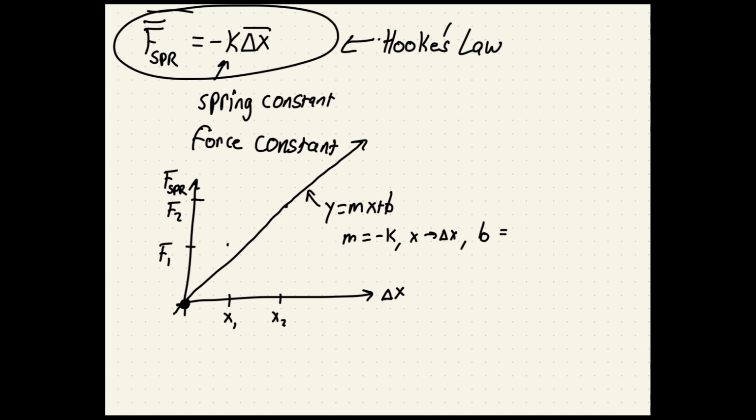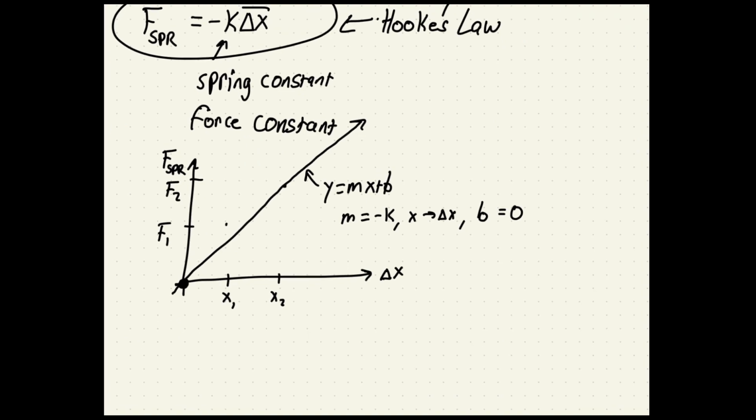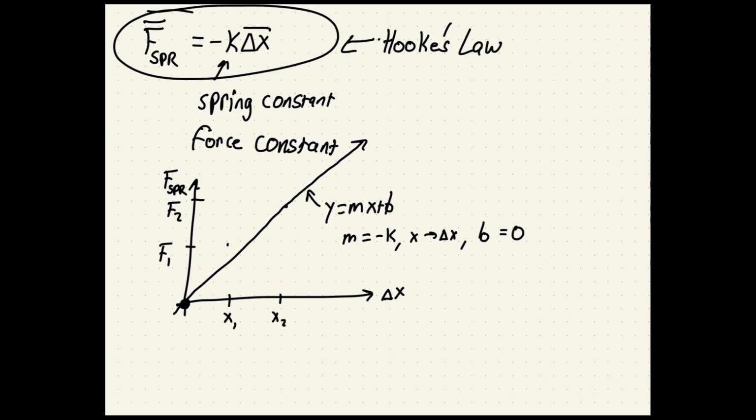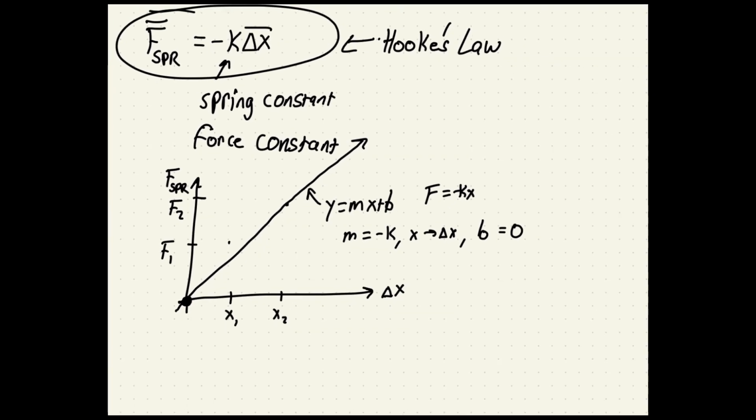We pass through 0, 0, and b is our y-intercept, so b would have to be 0. And that would make sense because we shouldn't have force if we're not stretching the spring. So our y equals mx plus b type of line ends up becoming a force is equal to minus kx type of line.